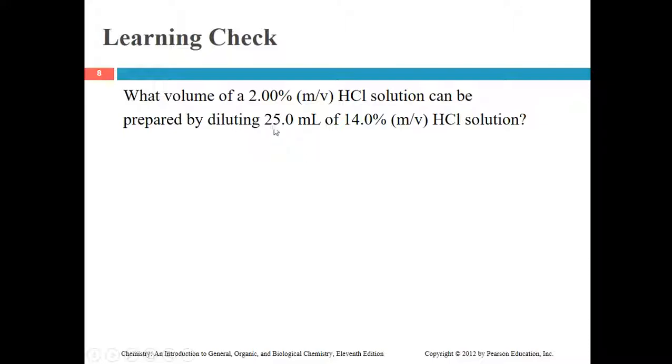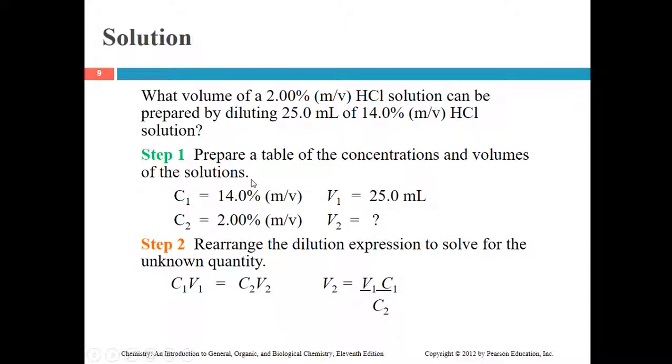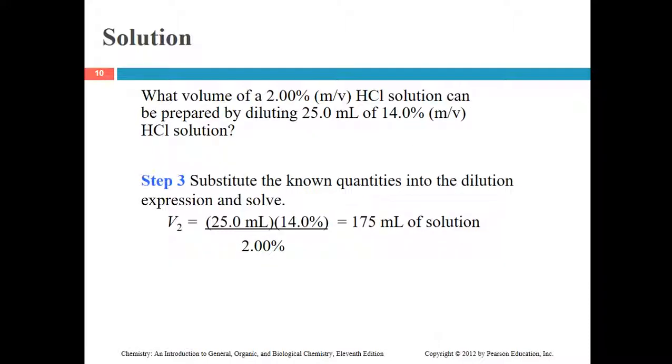Here's our first concentration, C1, here's our first volume, and here is our second concentration, and our second volume is our unknown. So we're going to rearrange this formula to solve for our second volume, and then we just plug in our values. 25 milliliters times 14% over 2% equals 175 milliliters of solution.